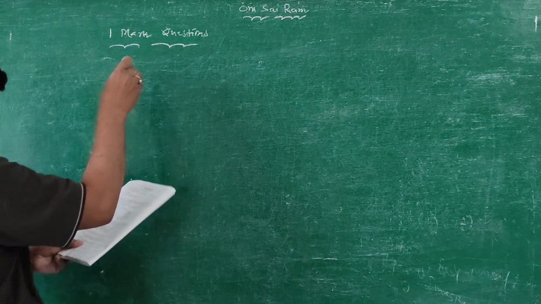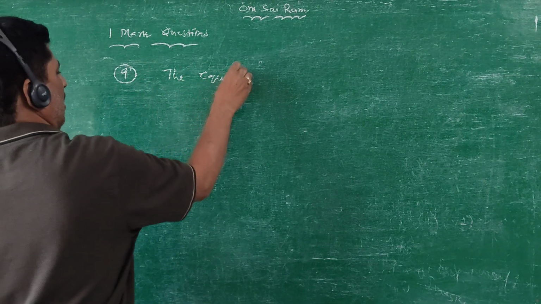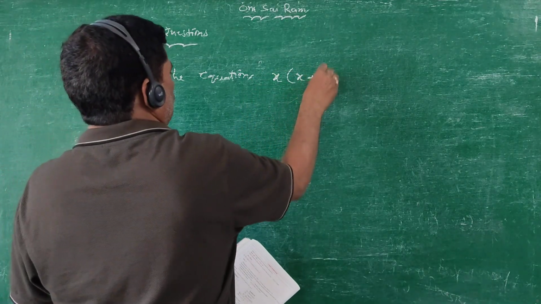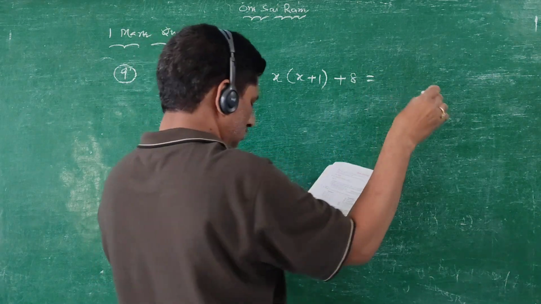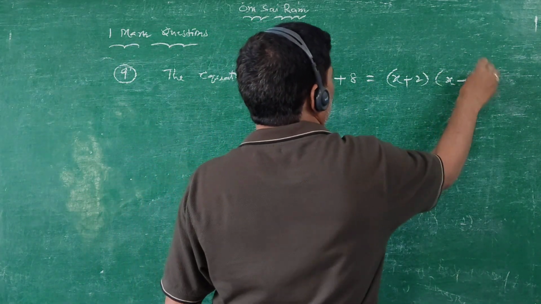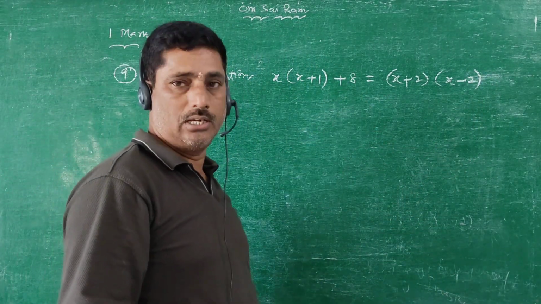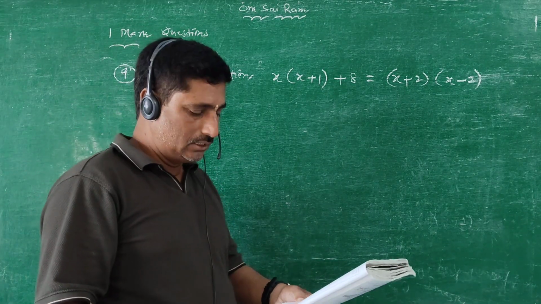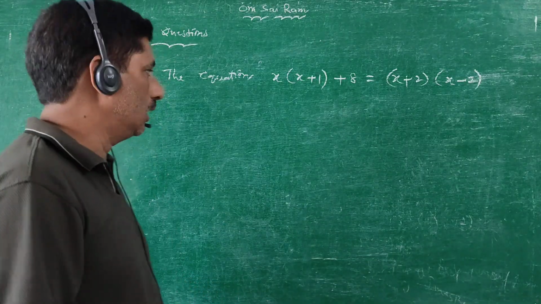So the ninth question is the equation x into x plus 1 plus 8 is equal to x plus 2 into x minus 2. They give one equation. Of course, it has two expressions combined with an equality sign, but we have to verify which type of equation it is. Is it linear, quadratic, cubic or biquadratic?